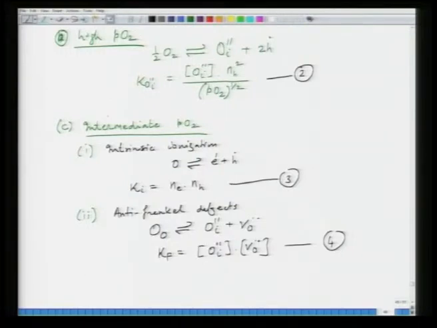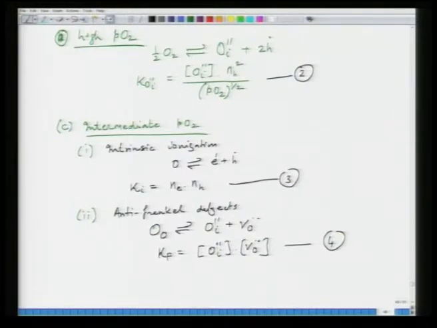In the case of intermediate partial pressure of oxygen, you can have two conditions. The first condition is when intrinsic ionization is the dominant factor, which means you have intrinsic formation of electrons and holes, and here Ki is equal to the product of Ne and NH, independent of PO2. The second scenario is when anti-Frenkel disorder dominates.